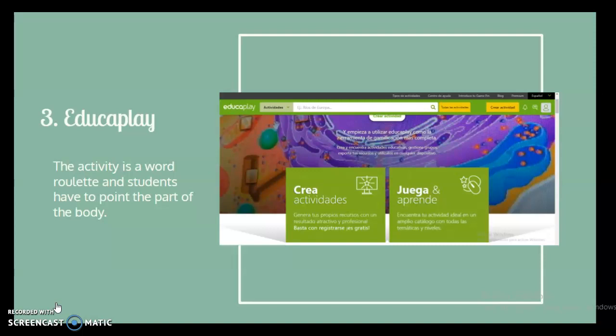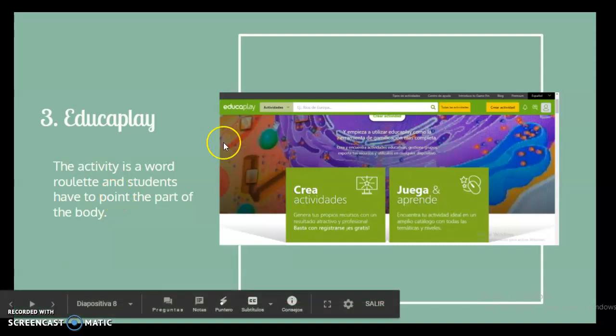They have to show the teacher where the specific part of the body is that the roulette shows them.